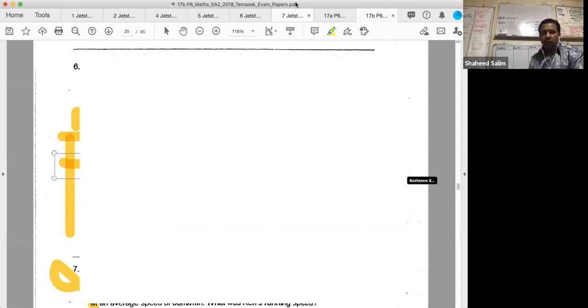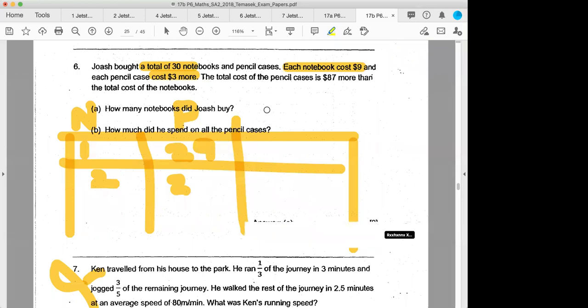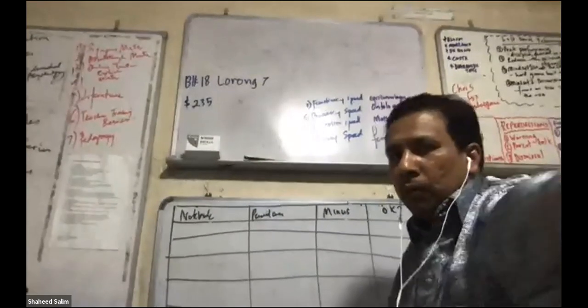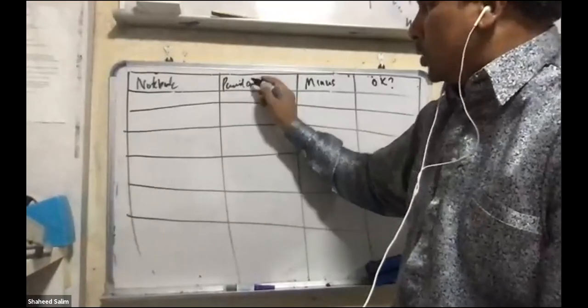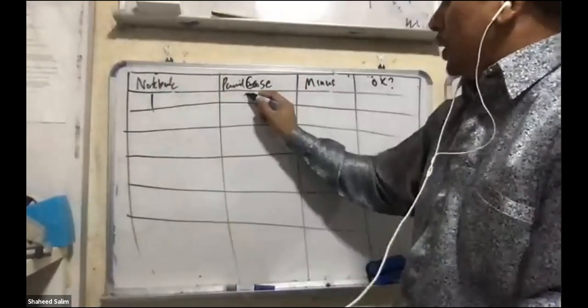I'm going to write, but must times the amount. But I write like that first. You see, hold on. Down here we see that all together there's 30 notebooks and pencil cases. This is pencil case, okay? My handwriting is bad. So if there's one notebook, there's 29.